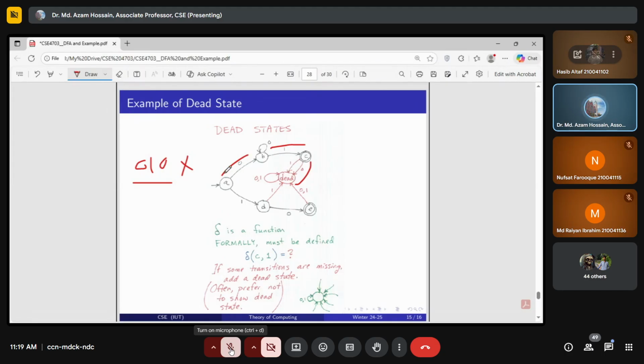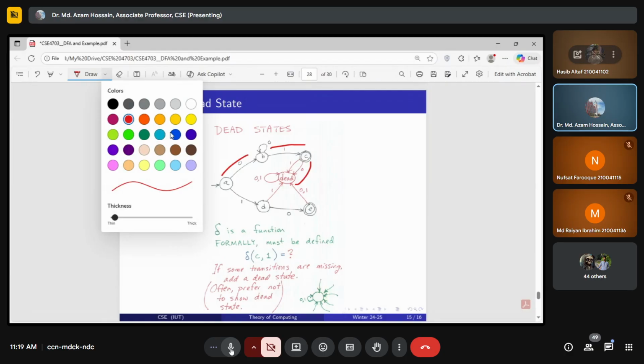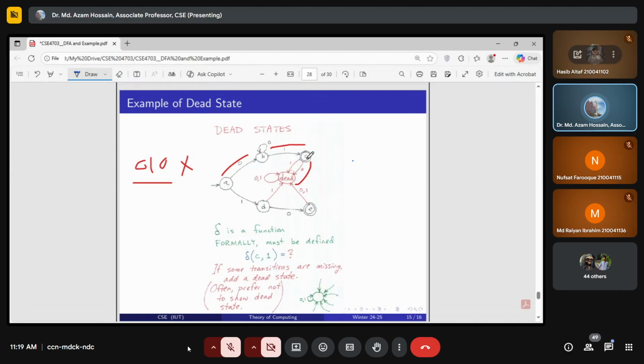Now look at this machine. For each state, it has a transition for every symbol, isn't it? Is it correct? What is the difference between C to dead and E to dead? What difference are you seeing? There are two transitions, one with 1 and another with 0.